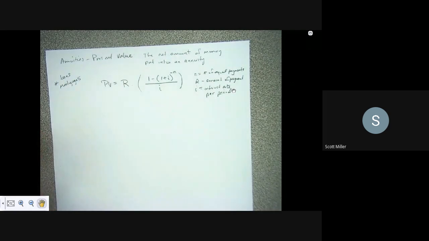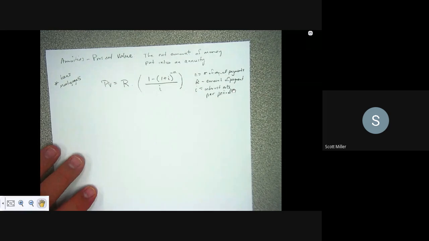If you borrow money from a bank, they're going to tell you how much you owe them each month. This is the formula that they use to determine what your payment is. That's what R is. Say you want to buy a car, a $30,000 loan for a car payment. You're going to pay me 6% interest. And then they will use this formula to calculate what your monthly payment will be. That's what this one is for.